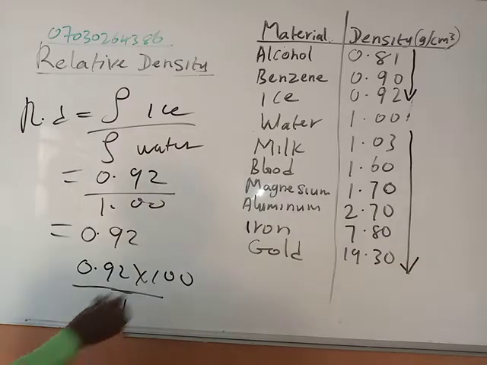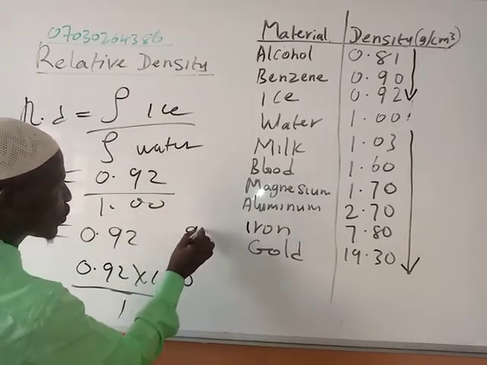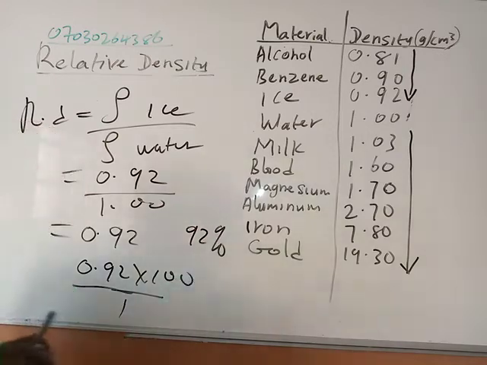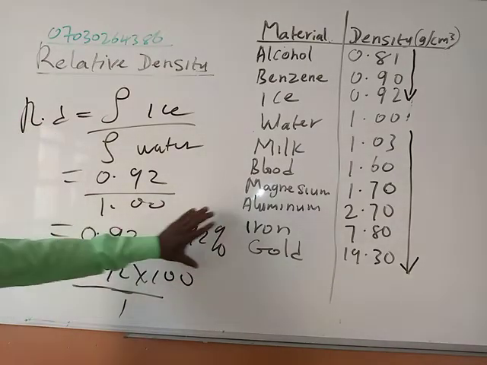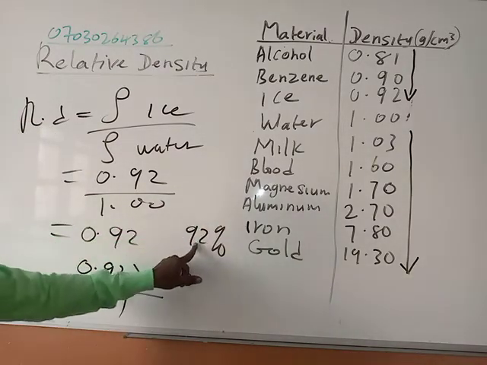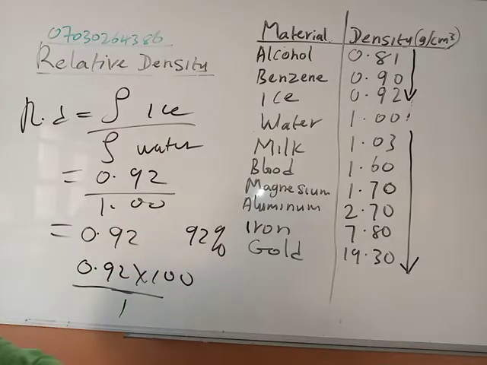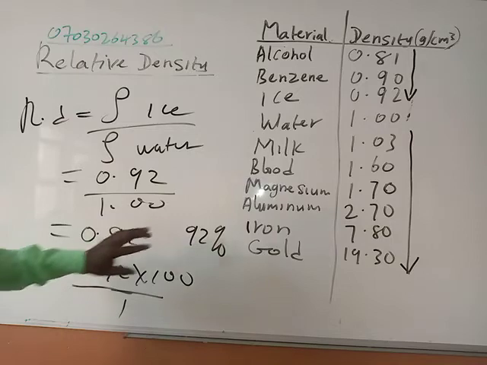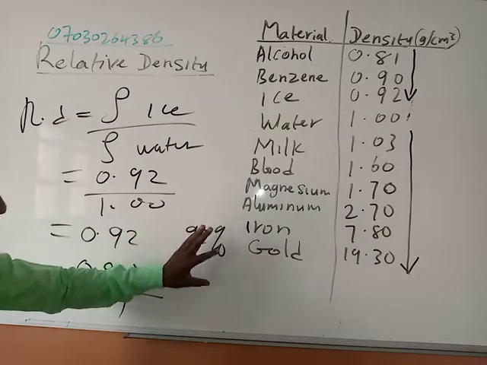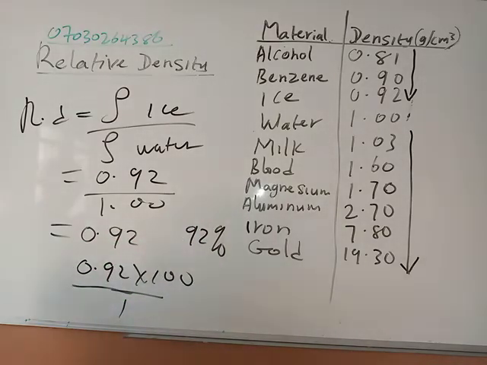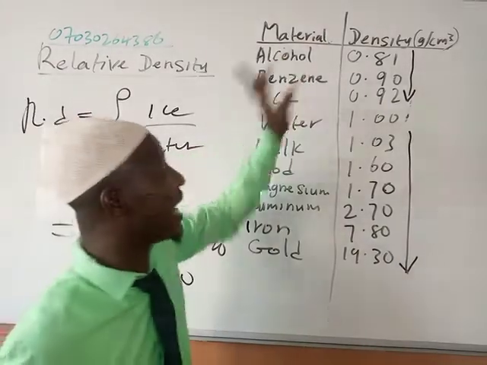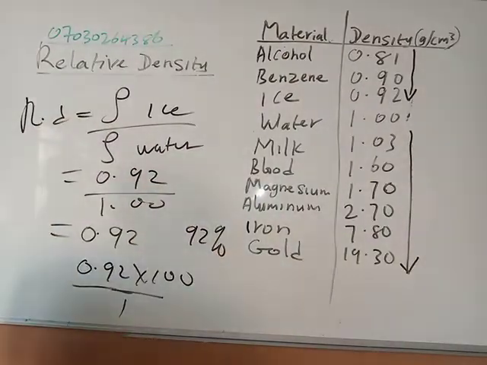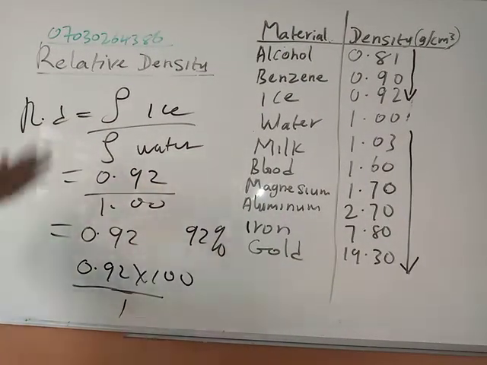So at the end of the day, I will have 92%, which means if you drop an ice block inside water, 92% of it will sink, while the rest will be on top of water. So in that case, we say it is partially immersed in water. We can still do that for other substances and determine which part of them will sink and which part will float. So that will be the end of today's topic. We'll meet next time.